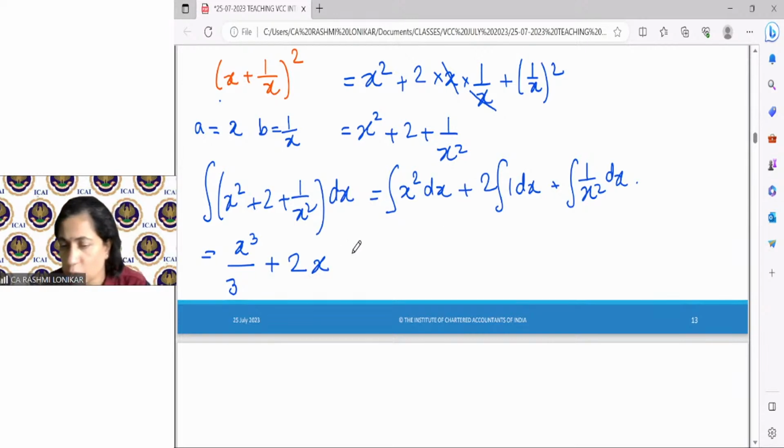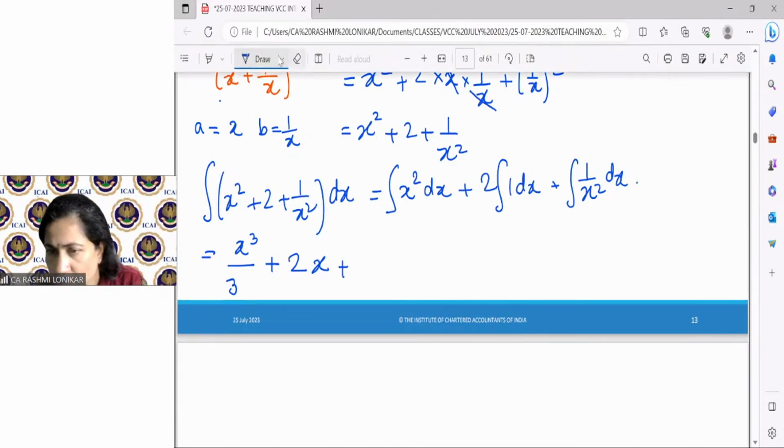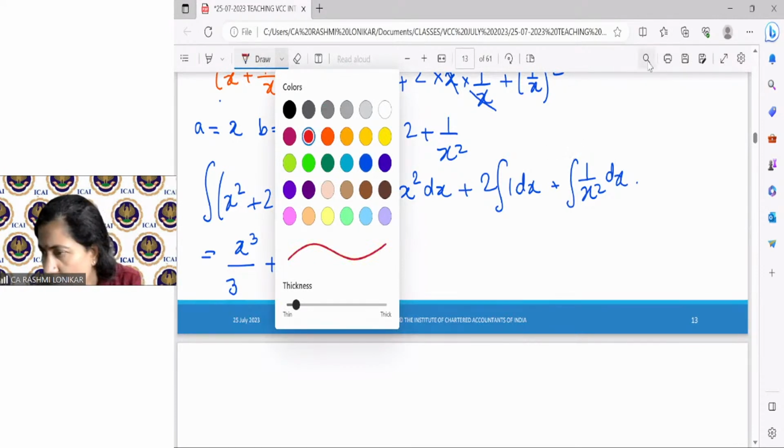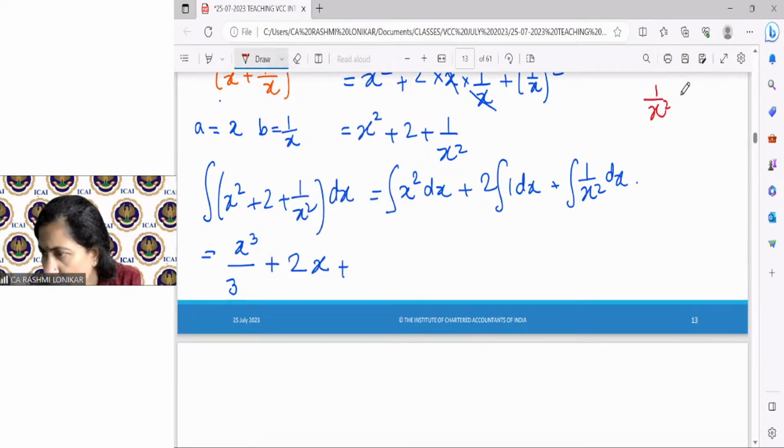So 2 integral 1 dx plus integral of 1 upon x square. Now what will be 1 upon x square? It will be x raised to minus 2. So integral of 1 upon x square dx will be equal to integral of x raised to minus 2 dx.